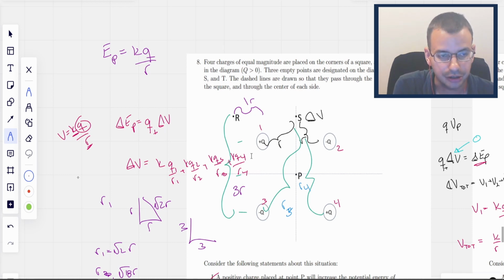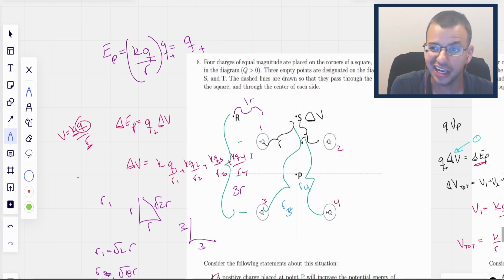This is a scalar, and this is also written as voltage times Q. So we have our positive or negative test charge that we're adding, times the change in voltage, which is just the individual voltages all added up, which is simple to add because they're scalars, not vectors. And we just took this concept and leveraged it down and got some answers.